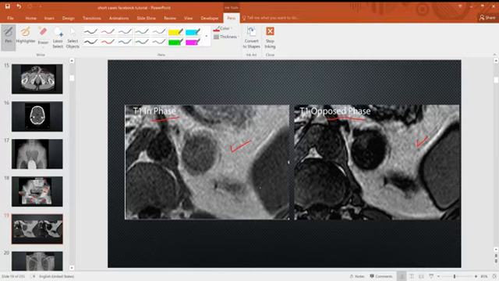If it is written that this is T1 in phase and this is T1 out phase, or opposed phase, fine. But how can we differentiate if it is not written on the image? What are you looking for?